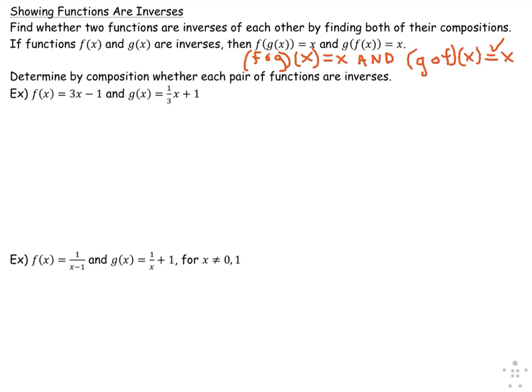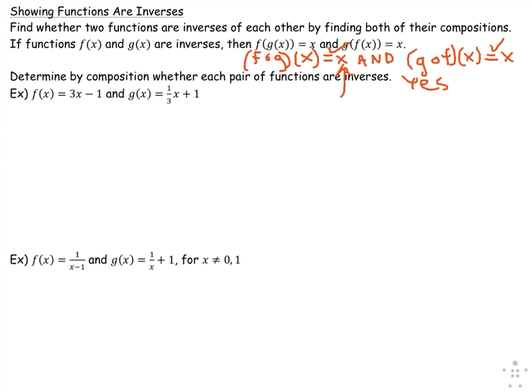If those two things are true, then yes, g and f are inverses. And understand what it means to compose one function with another and get x out. It means that the two functions undo one another, because g has a rule that takes the inputs and generates an output. f does the same thing in its own way.